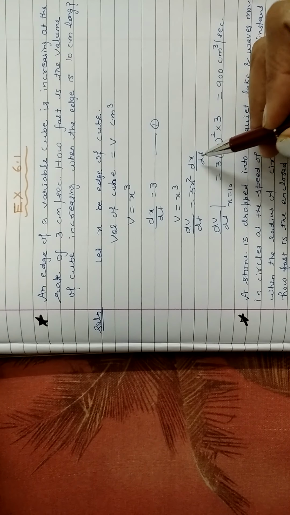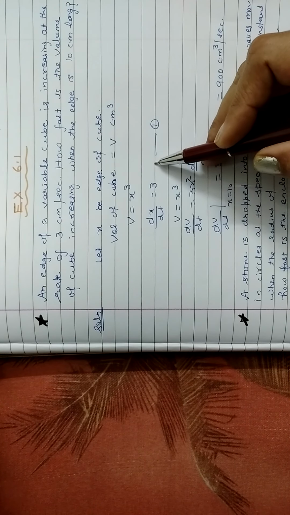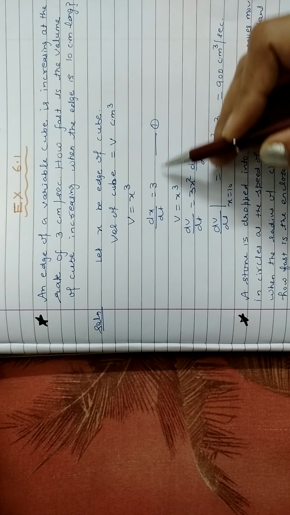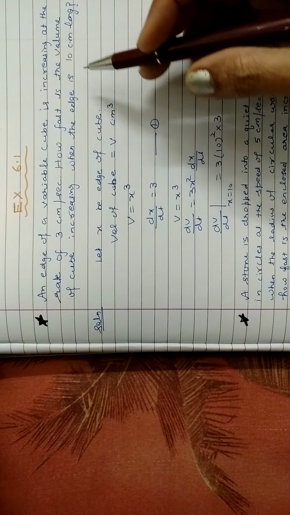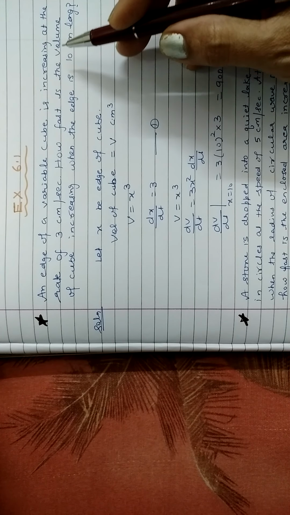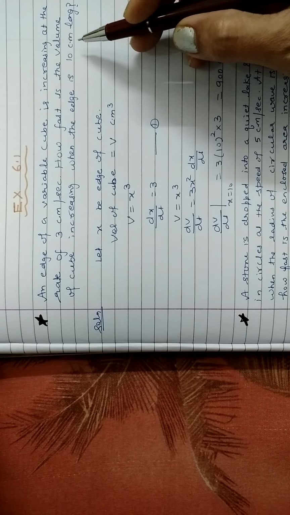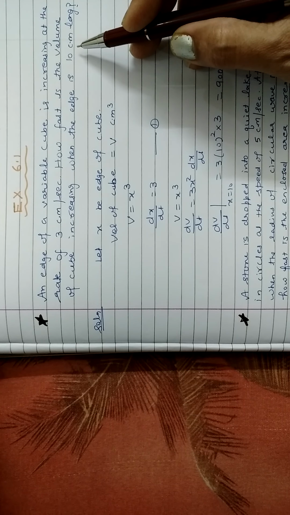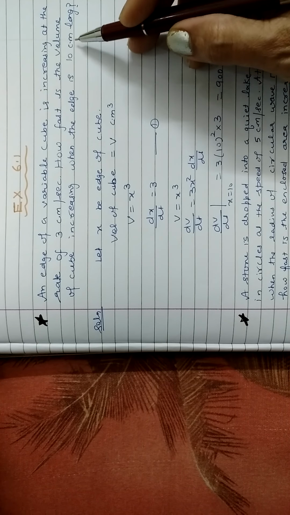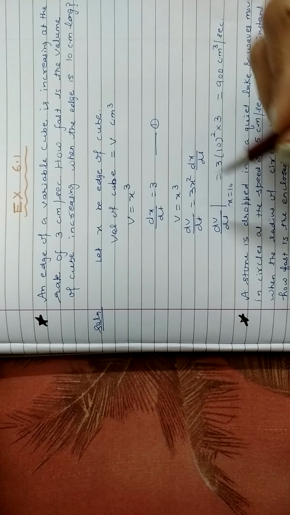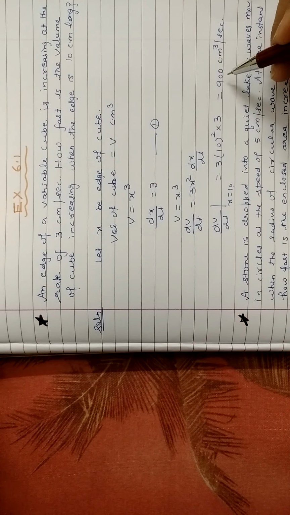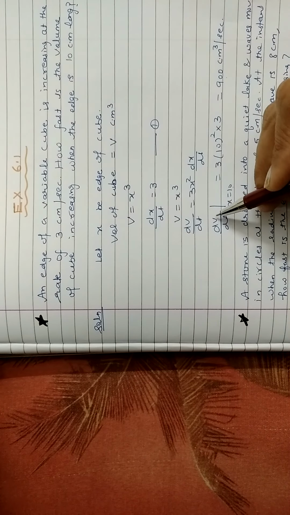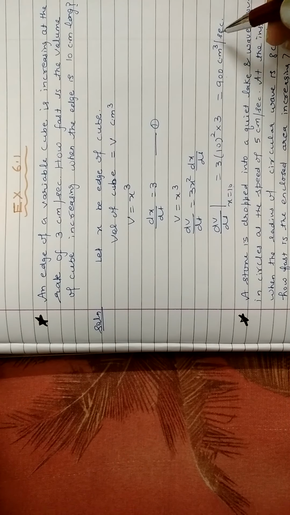Now we will put the value of dx by dt which was given, it was 3. And also we have to determine the rate of change of volume when your edge is 10 centimeter, meaning when x is 10. So keep x as 10 and dV by dt will be 900, and units will be centimeter cube per second.